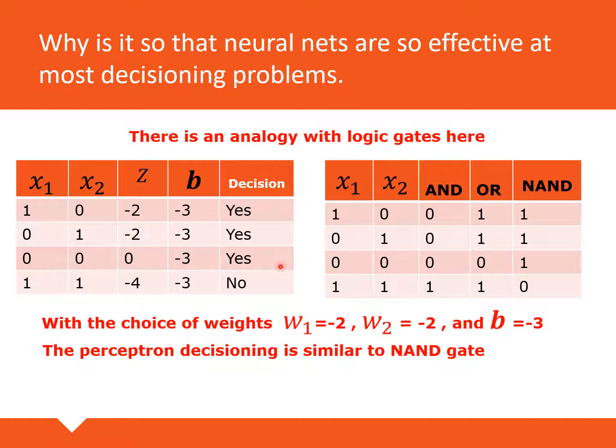If we assume that this yes can be coded as 1 and this no can be coded as 0, then the decision in this left hand side table is exactly equal to what we get by applying the NAND operation between x1 and x2. So this particular choice of weights is leading to a scenario where the perceptron decisioning is similar to the NAND operation.